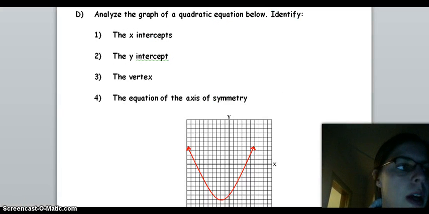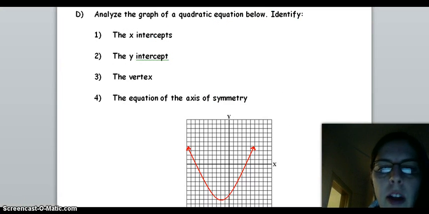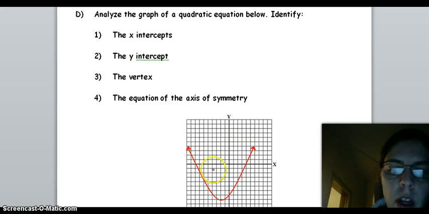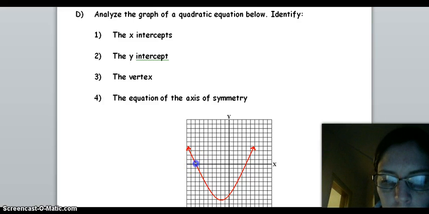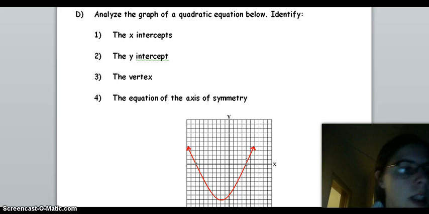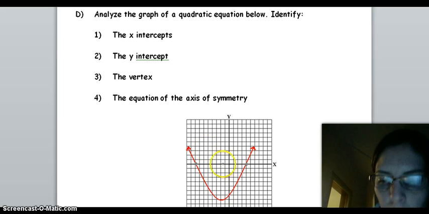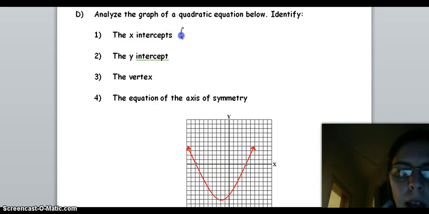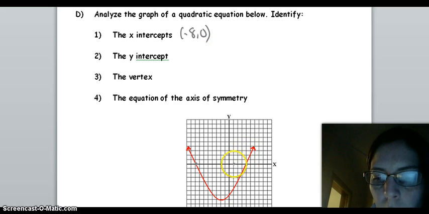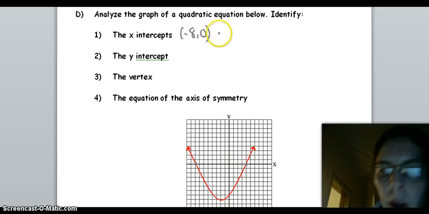So we're moving on now to part D, and it says analyze the graph of the quadratic equation below and identify. So here's our graph here, and I'm going to grab a marker, and it says what are the x-intercepts, and the x-intercepts are right here where the line crosses the x-axis. So here I have 1, 2, 3, 4, 5, 6, 7, 8. So I have -8, 0 is one x-intercept, and 1, 2, 3, 4.